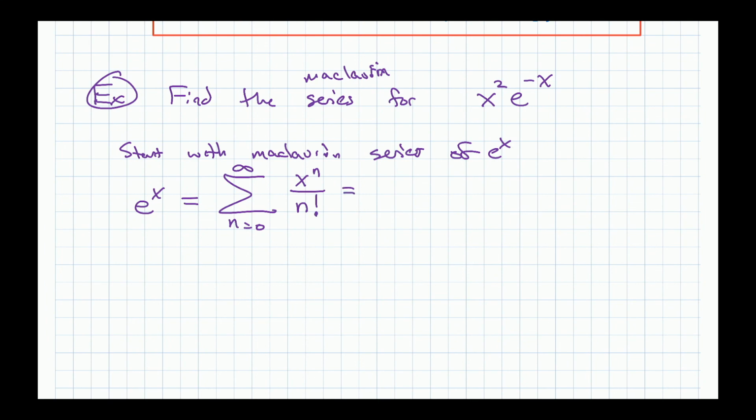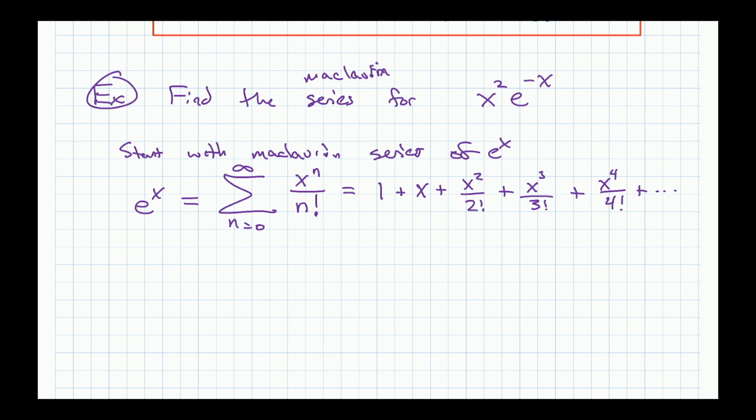Which, if you work it out, put in a 0, you're going to get 1 over 1. So it goes 1 plus, put in a 1, you get x over 1, x squared over 2 factorial, x to the 3 over 3 factorial, x to the 4 over 4 factorial, etc. That's what it is.